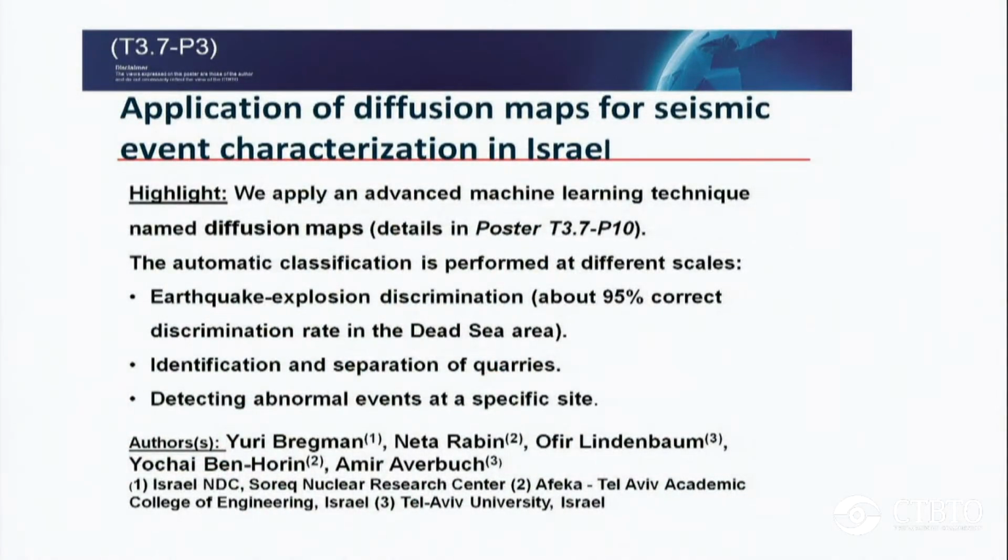Hello. We apply an advanced machine learning technique named diffusion maps. My colleague will describe it in several minutes. Our automatic classification is performed at three different scales. First, discrimination between earthquakes and explosions in the classical way in some area.